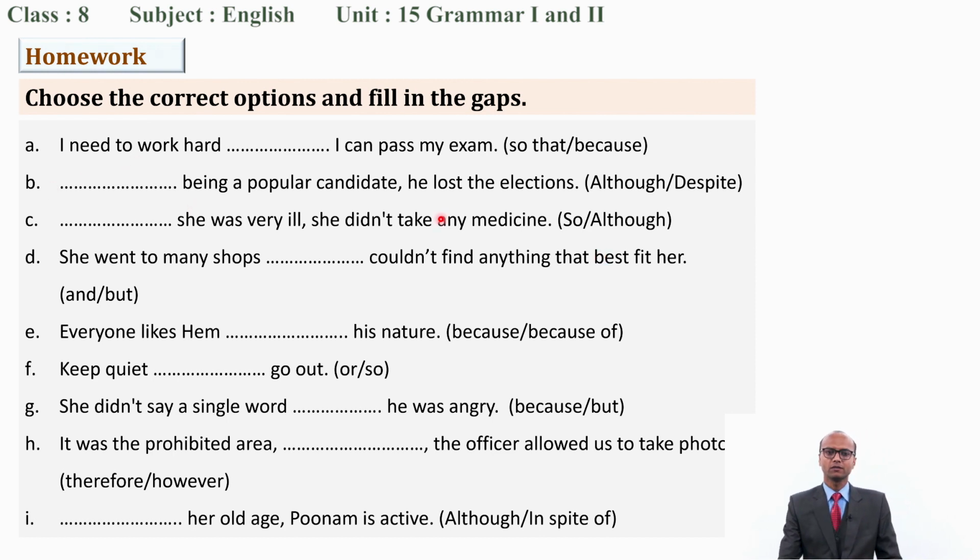Note that every sentence or every gap has two possibilities. For example, A, I need to work hard, blank space, I can pass my exam: so that, or because. Out of these two, you have to choose one. Is it clear to you all? Okay, please copy them, write them, choose the correct answers, and show them to your teachers and other people.